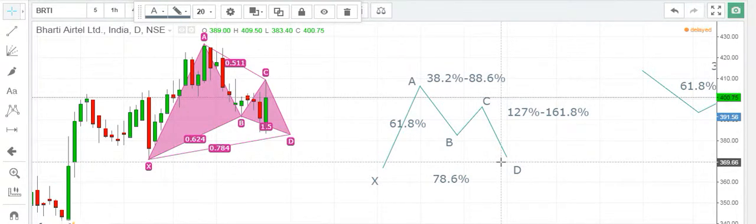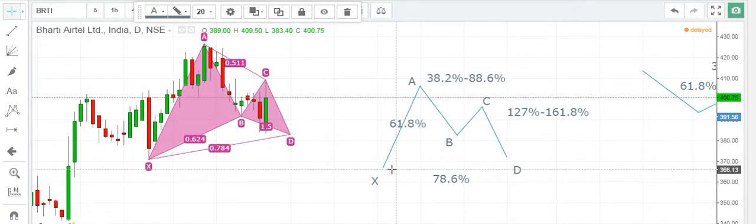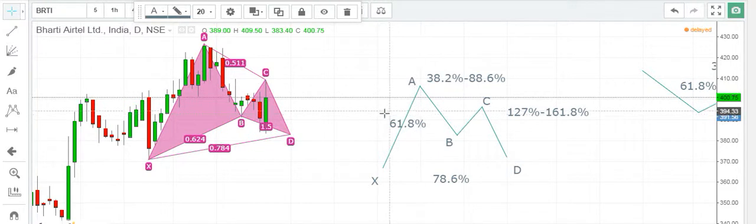So, quickly repeating, this is the bullish Gartley pattern. The stock rises from X to A, you take the Fibonacci retracement from X to A, and 61.8% should give you B. We check that B's close should not extend beyond 61.8%.